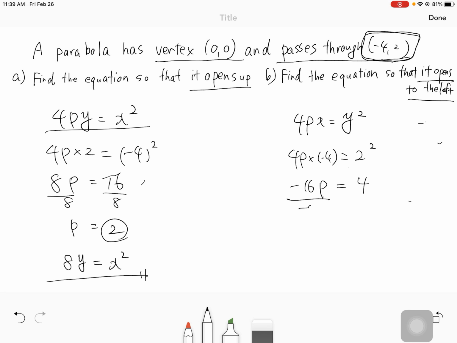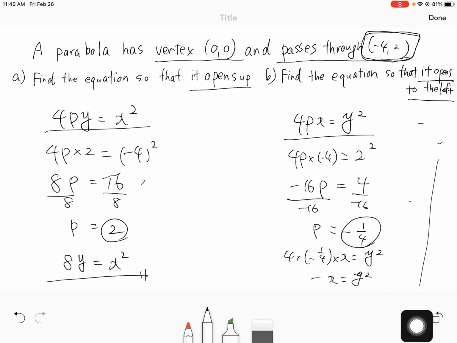You can divide by -16 for both sides, and p is -1/4. So you can just plug in this number into p in this equation. 4 times negative 1 over 4 times x is equal to y squared. Then you can simplify. Negative x is equal to y squared. That's it.